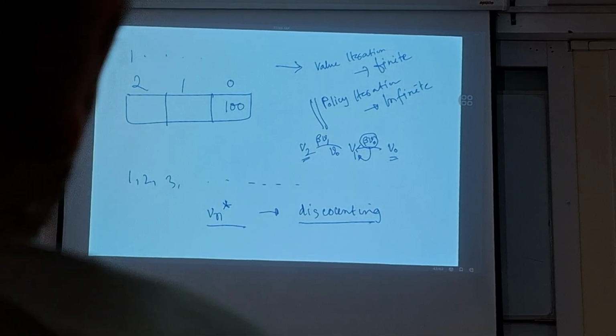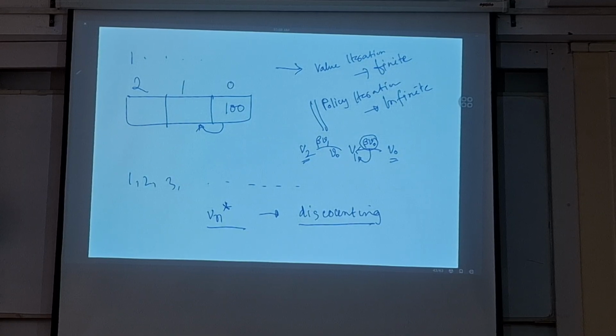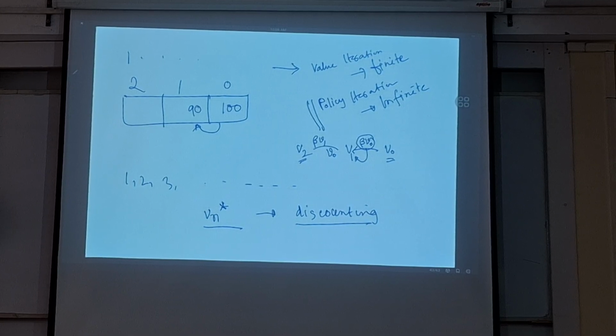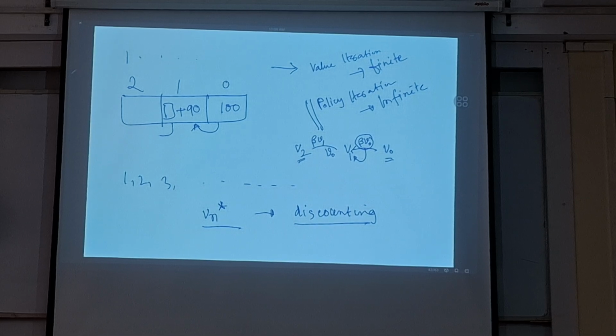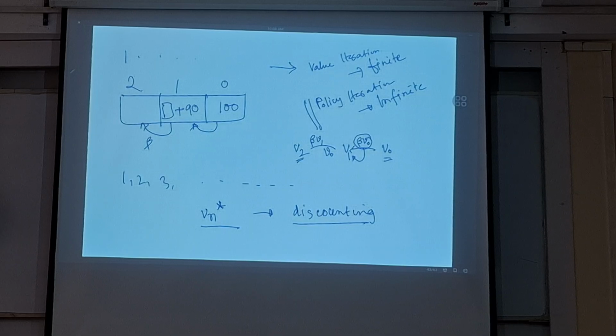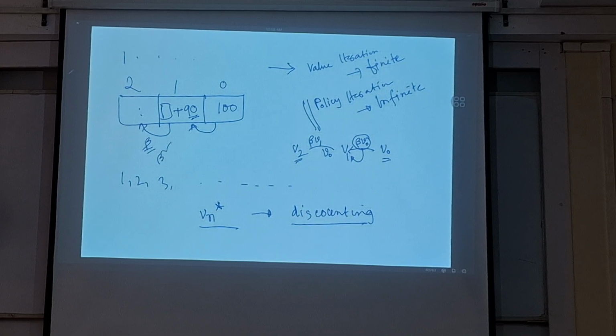Here you have 100 taka. When you move this 100 taka into step 1, since you are considering 90%, beta equal to 0.9, this comes here as 90, plus whatever you have here. Now when this is coming to the next step, it goes through another discounting, so the discounting for the first one will be beta square.